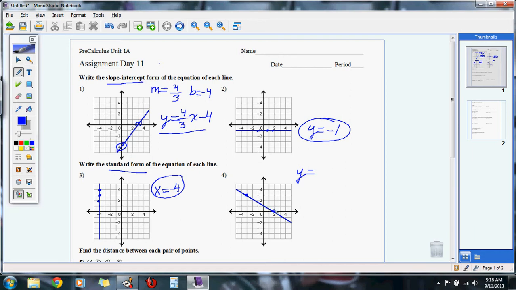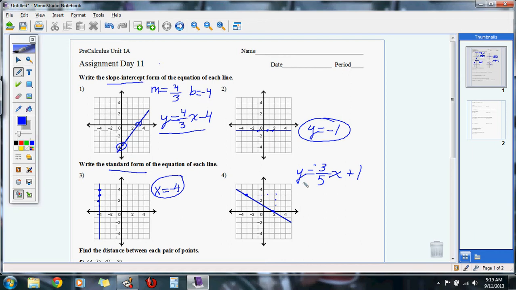Ready? Up 1, 2, 3, over 1, 2, 3, 4, 5. So it looks like my slope is a rise of 3 and a run of 5, and I am going in a negative direction for the run, so I'm going to make this -3/5. Now I have x because of my slope-intercept form, and I'm going to add 1 because that's the y-intercept of this problem. You could start at any point and use that slope, but then you would get to slope-intercept form quickly.